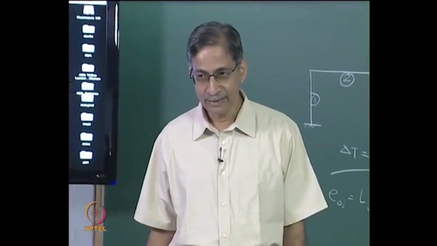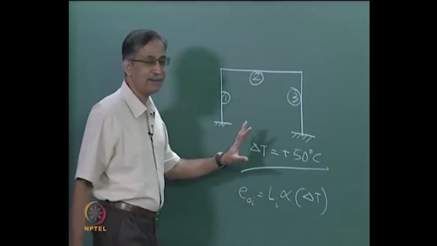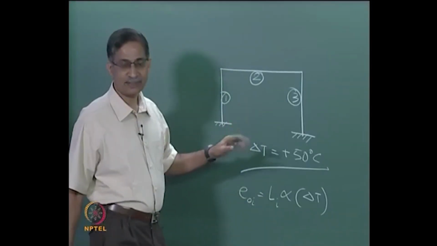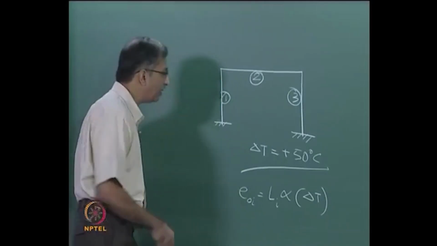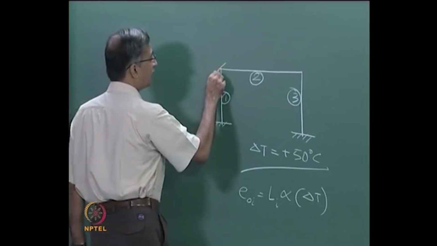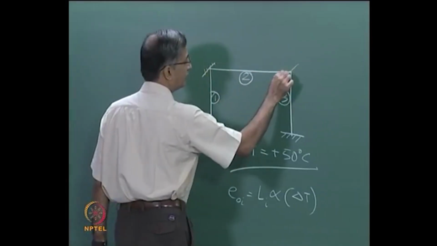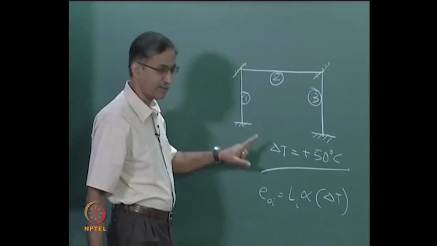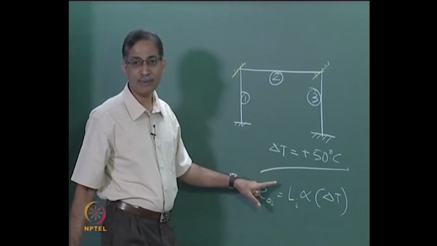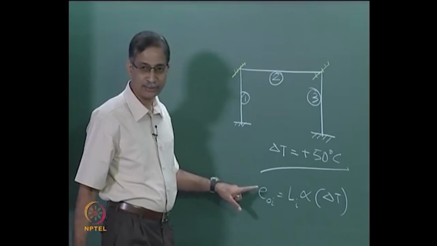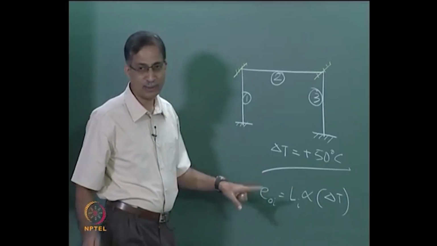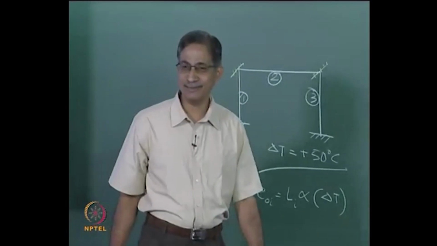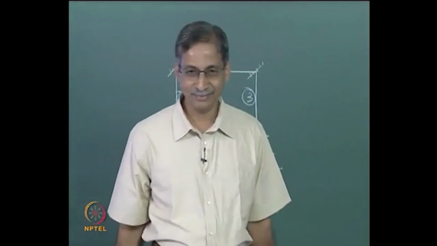So you should say that I take the primary structure. In the primary structure, all these ends are restrained artificially. When in the primary structure you have a temperature rise, you end up with axial forces in all those members which you can calculate. Then what? That's what we did in a truss, remember?